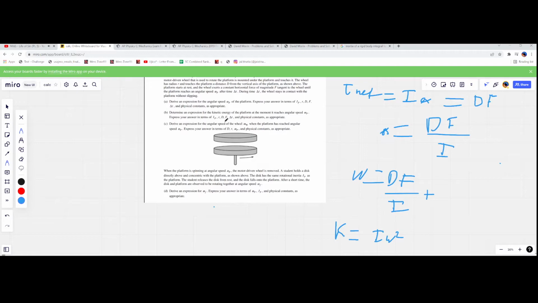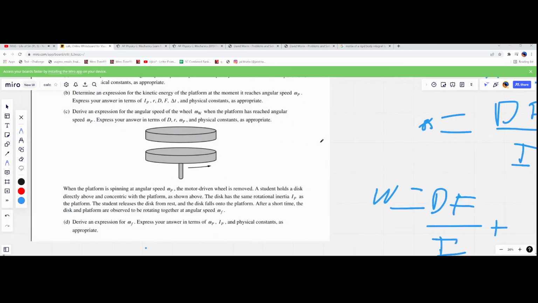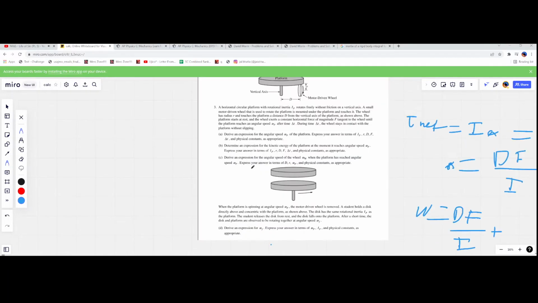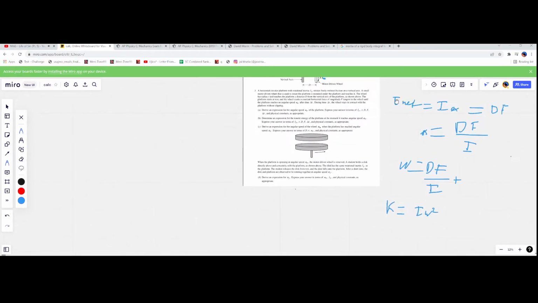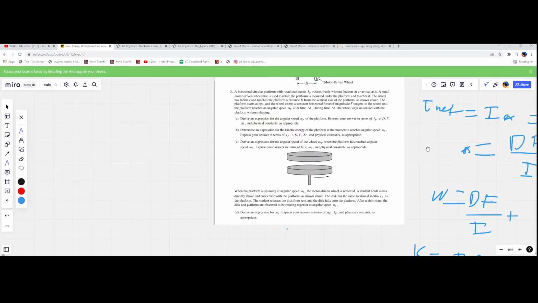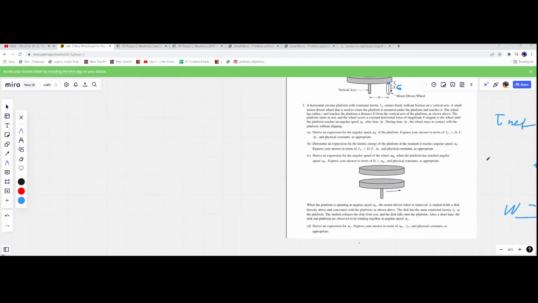Derive an expression for the angular speed omega w when the platform has reached angular speed omega p. Okay. So, what is r? Oh, I see. Okay. So you know that this wheel and this platform have the same linear speed at this point. So it's just like calculating a gear ratio in a car, I'm pretty sure.